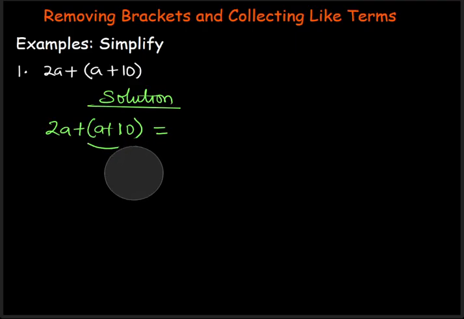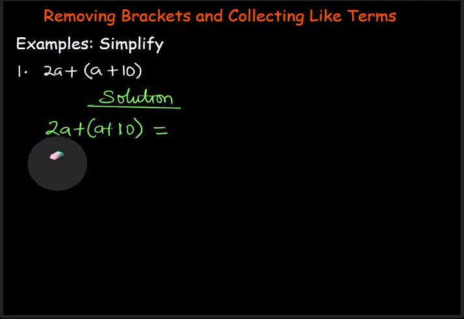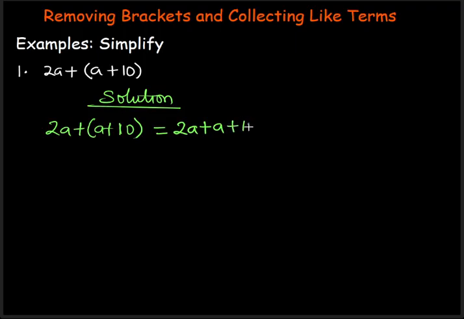Let's see how to look at that. So this will be equal to, like I've said, 2a will just be there waiting, and then plus, this is like saying plus 1. Remember, 1 times anything is the same thing, so we can just use plus. Plus times a will give us plus a, and then plus times plus 10 will give us plus 10.